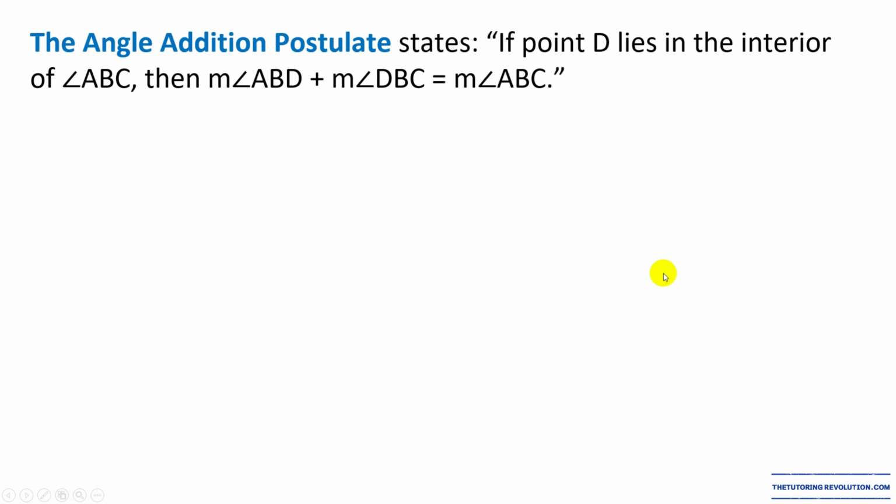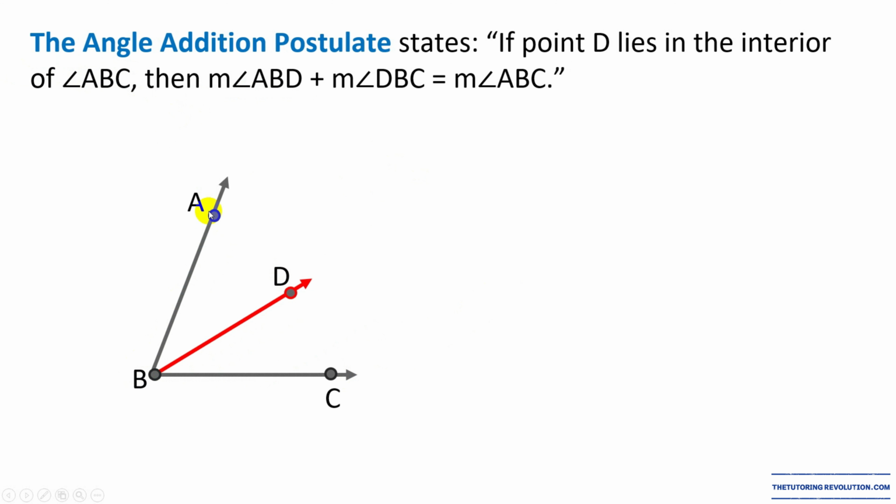Now, this is the last postulate we're going to analyze, the angle addition postulate. It states that if point D, let's draw the point D, lies in the interior of the angle ABC, this is ABC, so point D is in the interior of the angle ABC, then the angle ABD, right there, plus the angle DBC, this is DBC right here, equals the angle ABC.